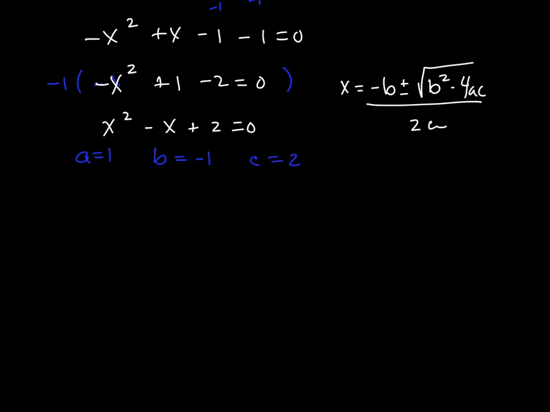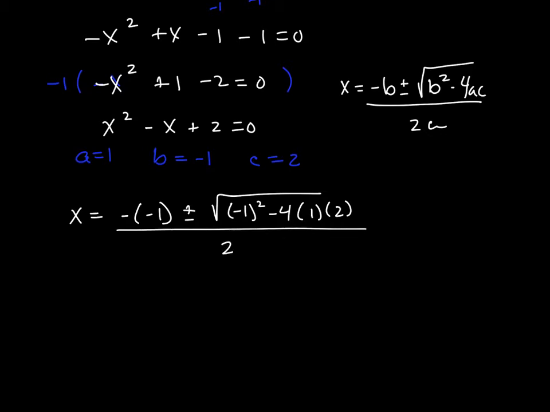I plug that in for my quadratic equation, and I get x is equal to the negative of the negative b plus or minus the square root of b squared minus 4 times a times c, all divided by 2 times a. Now, when I do that, what I see is I get 1 plus or minus the square root.